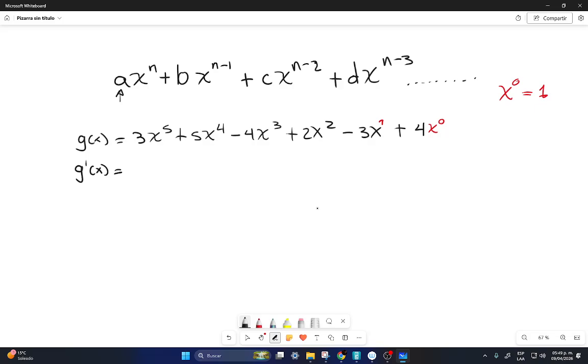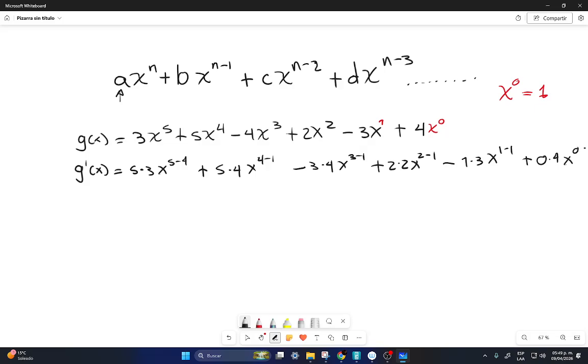So 5 times 3x^(5-4), that's the first term, and we do the same with all of the terms, plus 5 times 4x^(4-1), minus 3 times 4x^(3-1), plus 2 times 2x^(2-1), minus 1 times 3x^(1-1), plus 0 times 4x^(0-1).